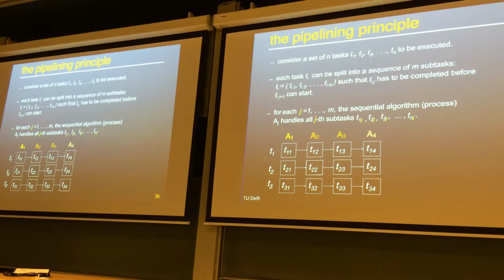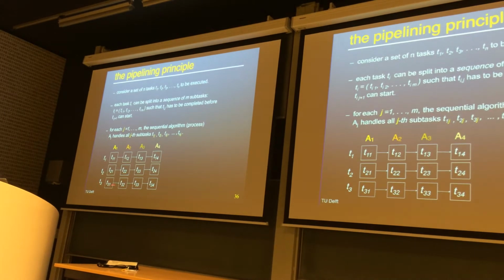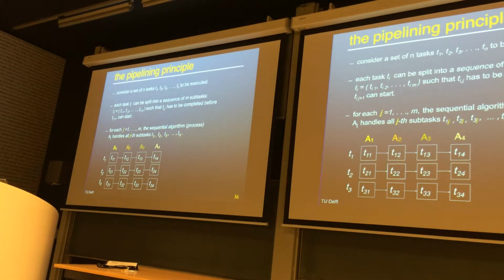And here I have a simple example. Suppose that task T1 consists of 4 subtasks, as do T2 and T3, and now A1 is capable of performing the first subtask here, A2 the second subtask, A3 the third subtask, and A4 the final subtask.